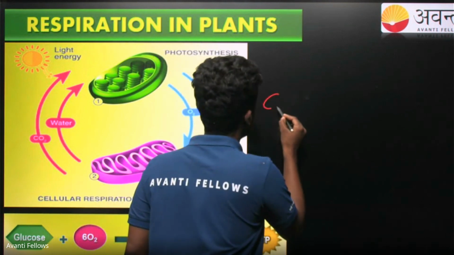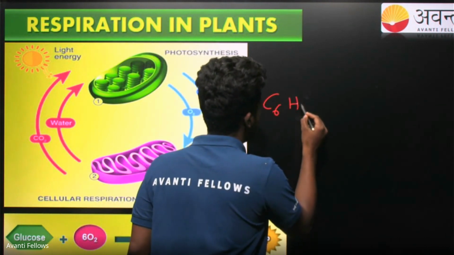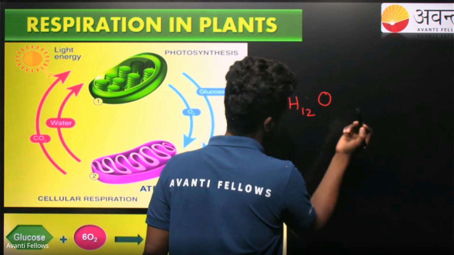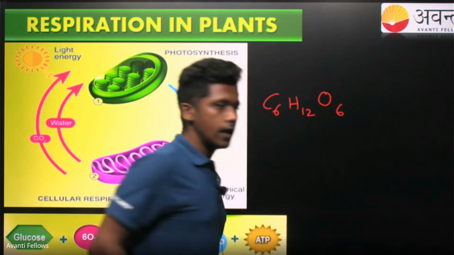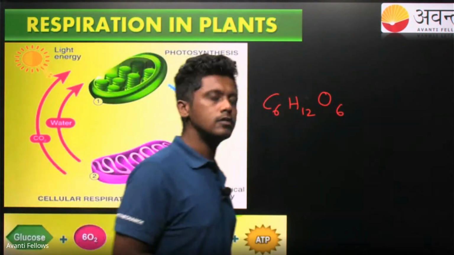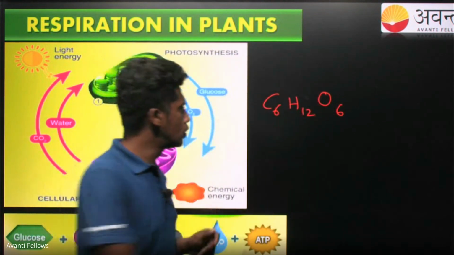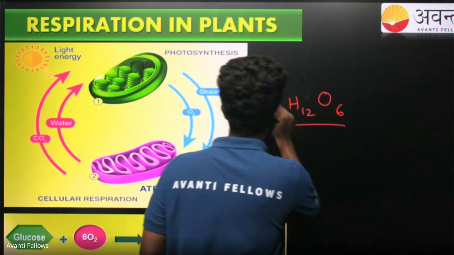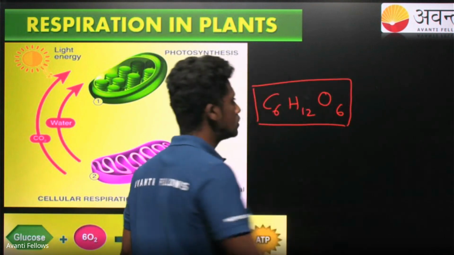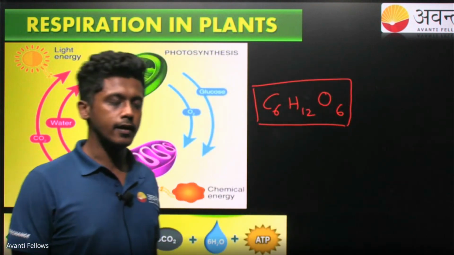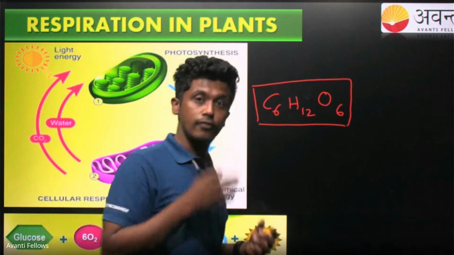In plants, it is stored as starch, and then again, the starch is converted into glucose. In animals, it is stored as glycogen, which again is converted into glucose. So glucose becomes a very basic substrate for the process of production of energy.